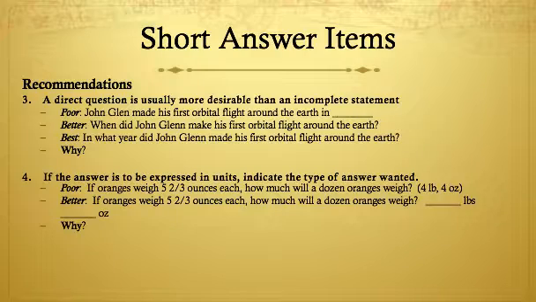Likewise, in math, if the answer is to be expressed in units, indicate the type of answer wanted. Do you want it in mixed format here, or are they supposed to just give you it in ounces, right? So give them blanks, give them structure, because it's going to make your grading time a lot faster. And if you're really trying to see whether or not they can do those conversions between ounces and pounds, that's going to get you that information too.